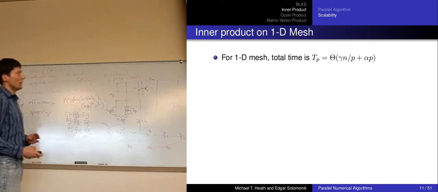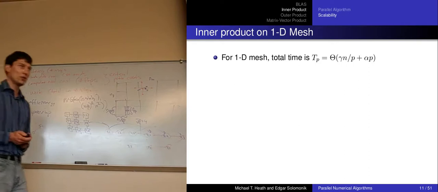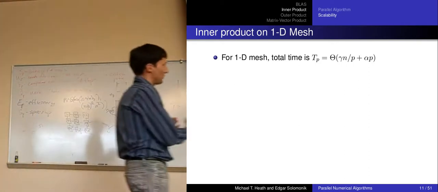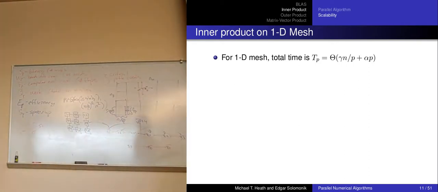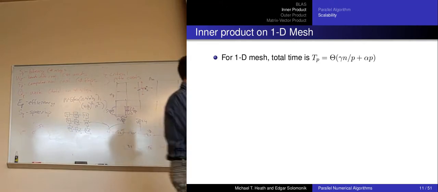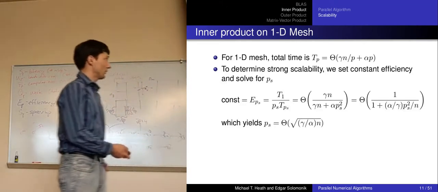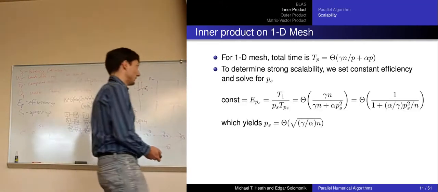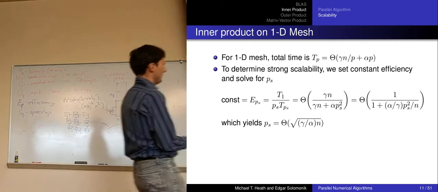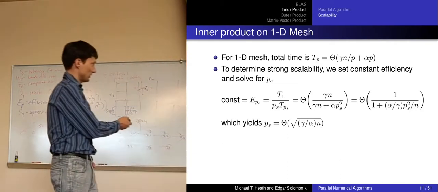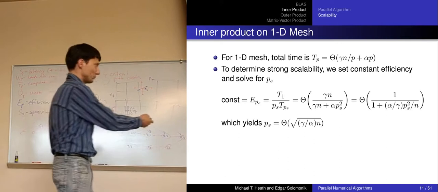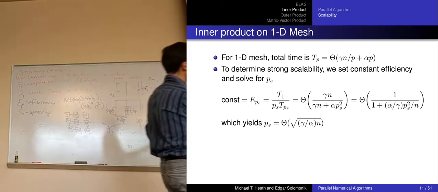But we can look at what happens to that efficiency if we try a particular network. So for a 1D mesh, we had this alpha P term. So we have to wait for P messages effectively in time. And again, we set constant efficiency, so we set the efficiency of P_S constant.